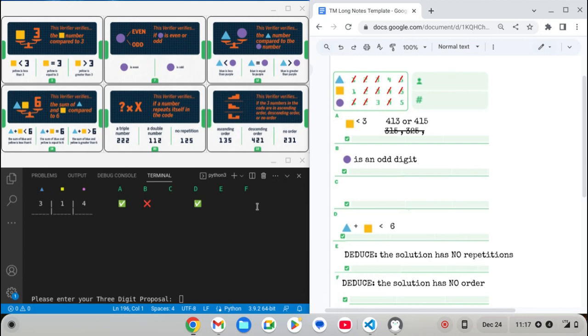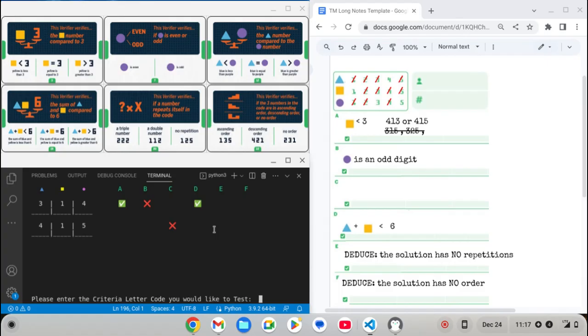So it's a 50-50. And I don't think there's any way you can actually distinguish or deduce what it could be. So let's go ahead and we'll just say 4, 1, 5. Okay, and we're going to test criteria card C.